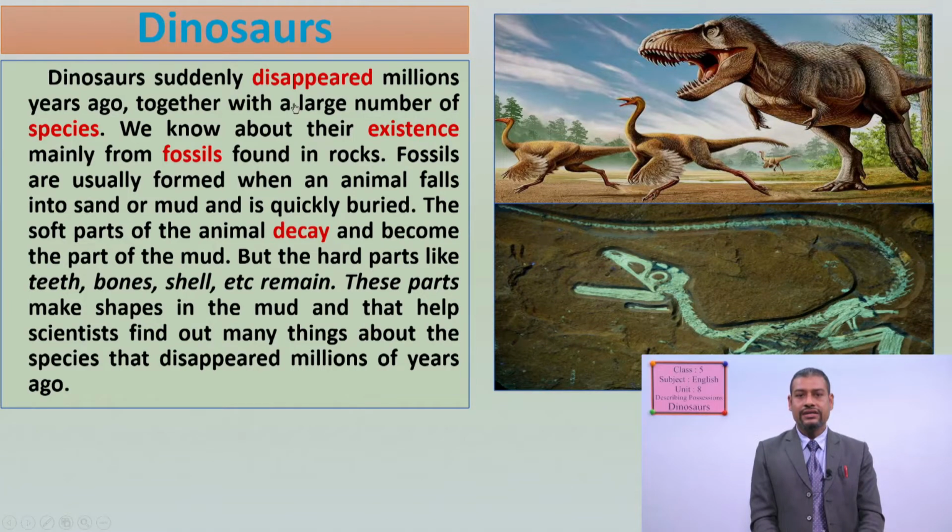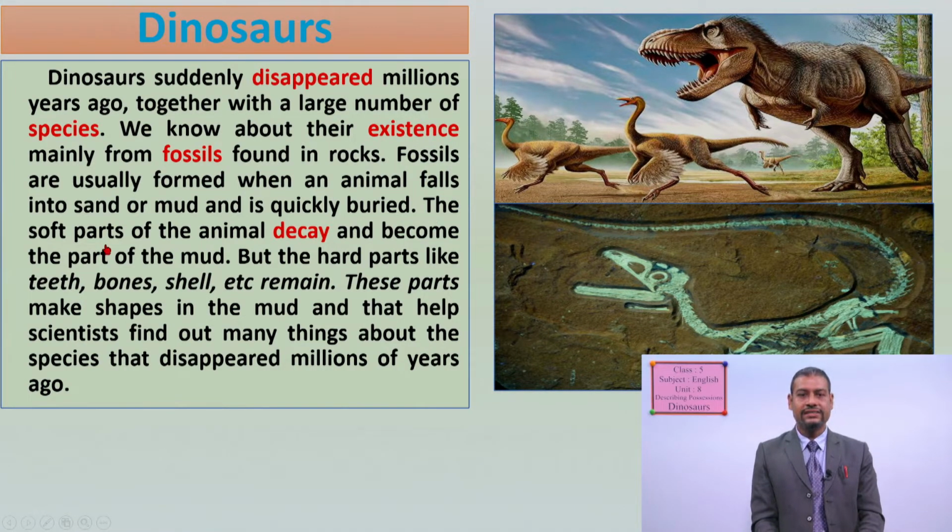Dinosaurs suddenly disappeared millions years ago together with a large number of species. We know about their existence mainly from fossils found in rocks. Fossils are usually formed when an animal falls into sand or mud and is quickly buried.